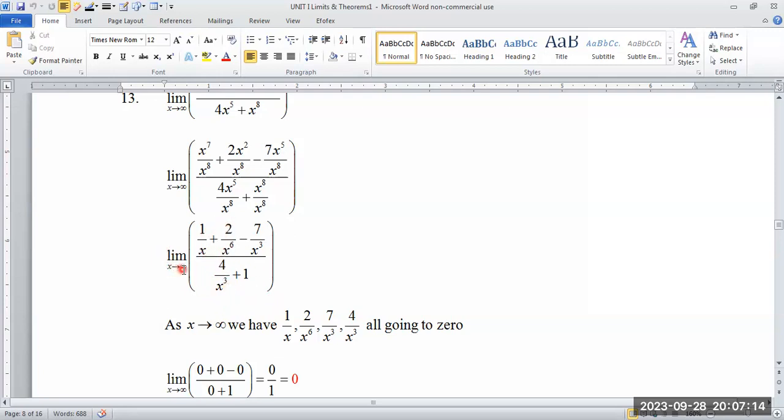So, as x tends to infinity, as it gets infinitely large, all these fractions with the constants atop the variables will go to 0.